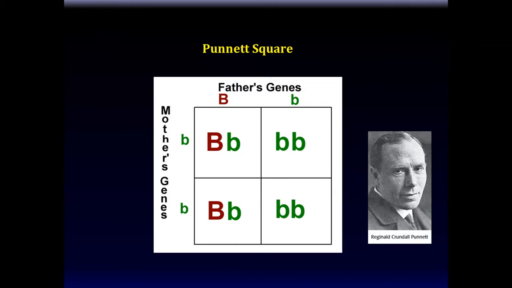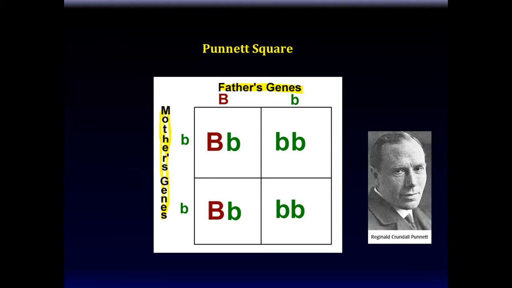Now, I have drawn this before. This is called a Punnett square. It's named after a gentleman who, for convenience's sake, invented this method of figuring out the genetic makeup of parents or children. So a Punnett square is just a model for working out these genetic mathematical ratios. Typically, you put the father's genes on the top, and the mother's genes on the side.